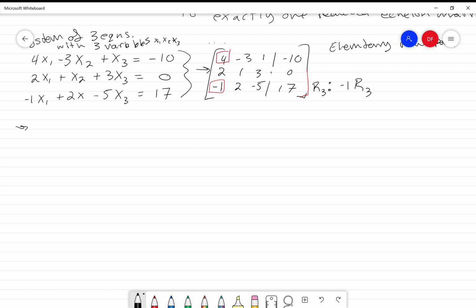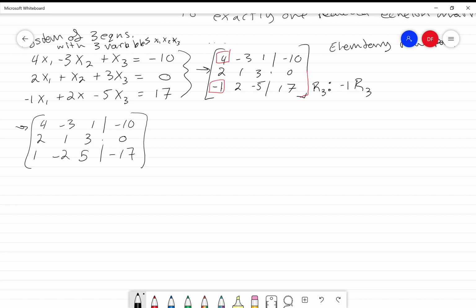And when I do that, I get 4, negative 3, 1, negative 10, 2, 1, 3, 0, 1, negative 2, 5, negative 17.